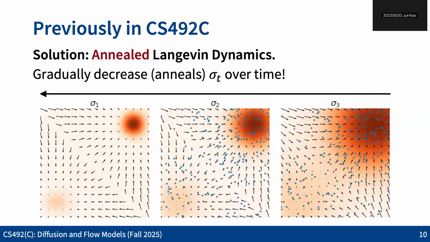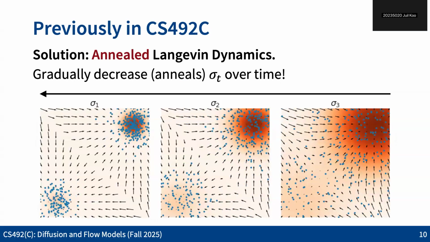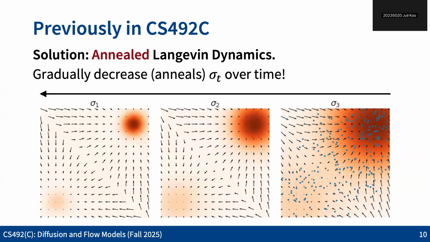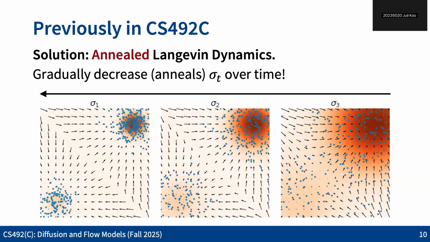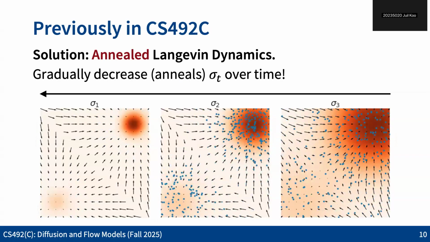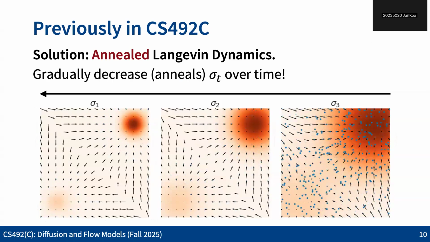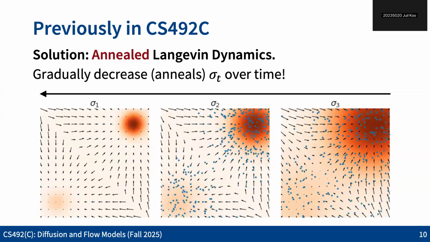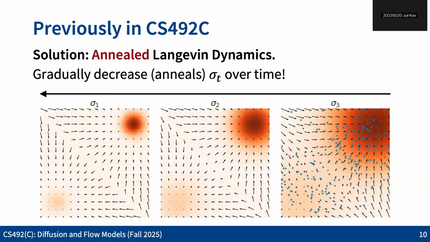So here the basic idea is that we start from a high variance, adding bigger Gaussian noise, in a way that wherever we start the particles, we still have some moving force to move to the highly concentrated regions like this.